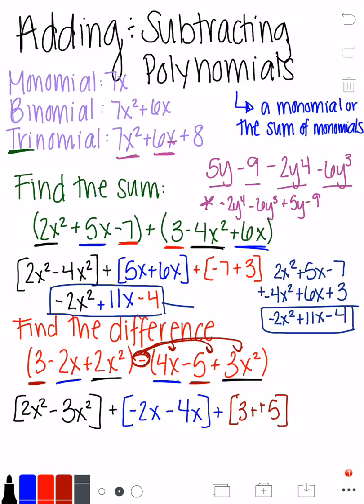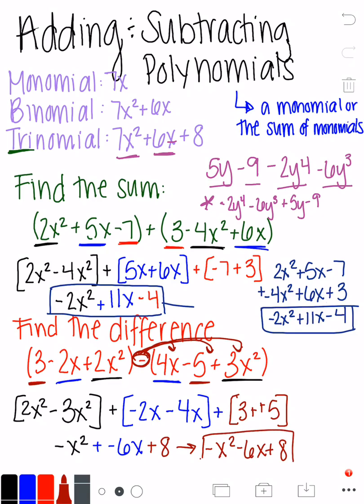So we have 2x squared minus 3x squared gives us negative x squared. Negative 2x minus 4x is going to give us negative 6x. And then 3 plus 5 is going to be plus 8. So writing this more formally would be negative x squared minus 6x plus 8.